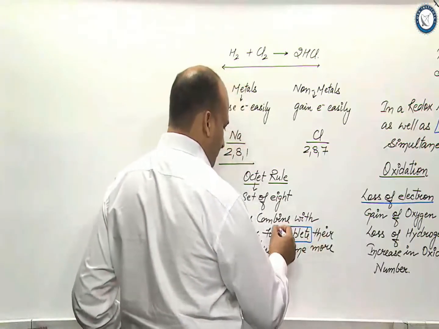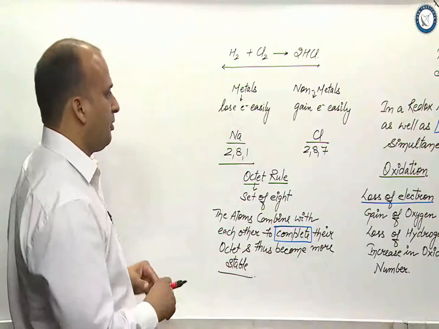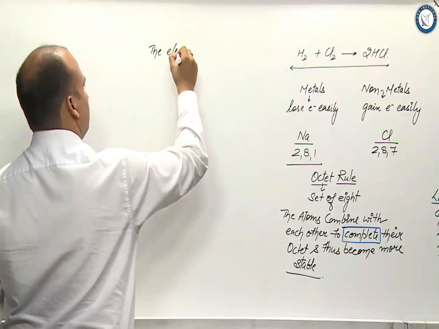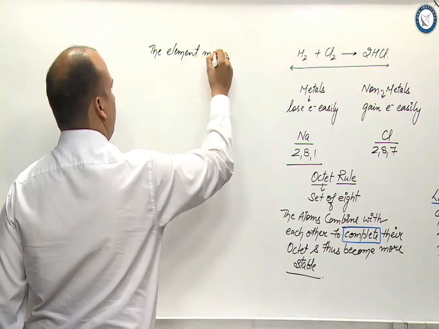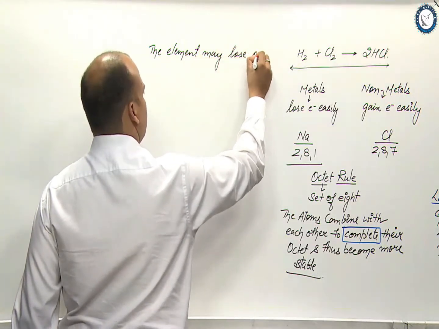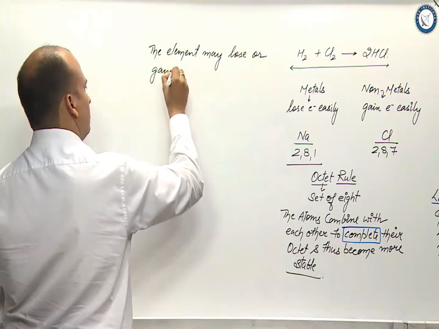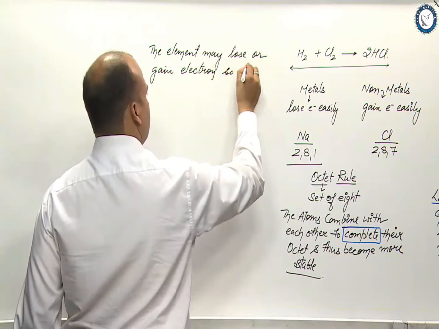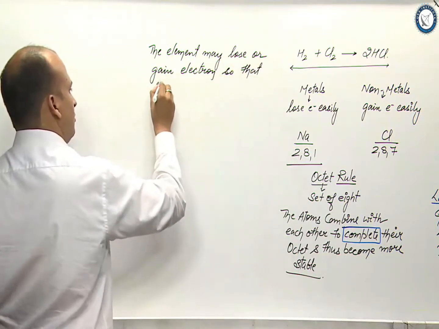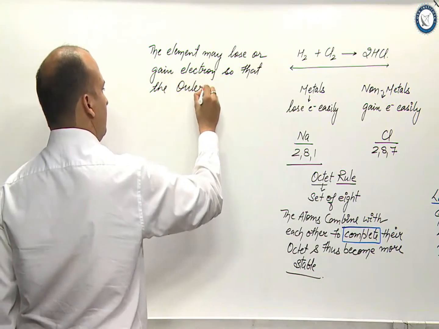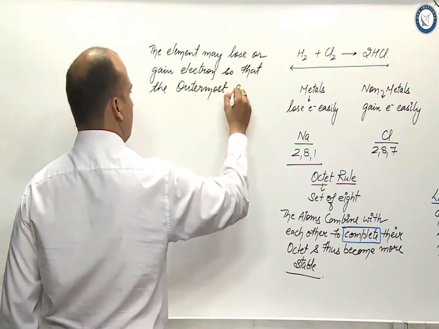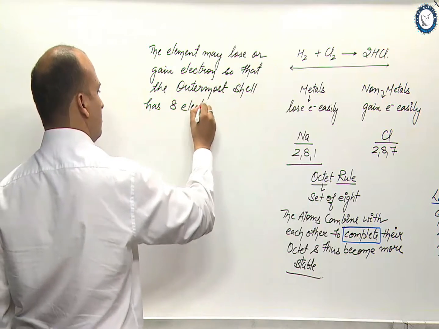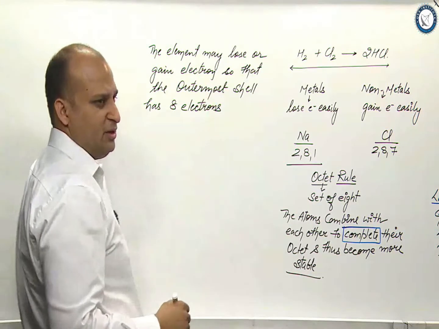What do you mean by complete? Fine. Now the element may lose or gain electron so that the outermost shell has 8 electrons. This is the meaning of completion.